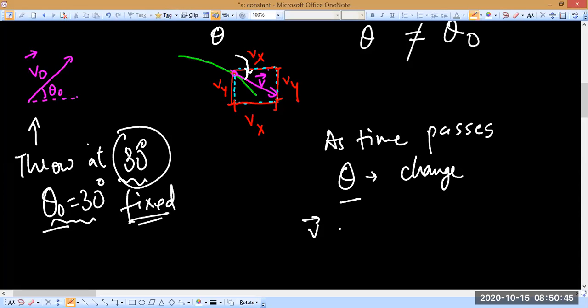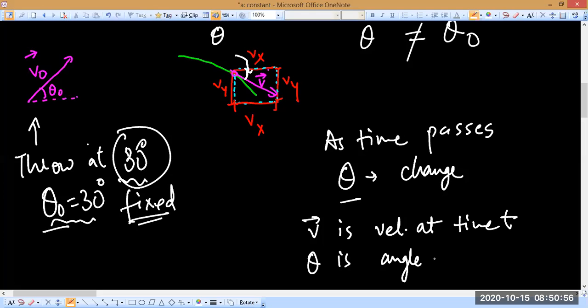v vector is the velocity at time t. All right, and theta is the angle of velocity at time t, right?